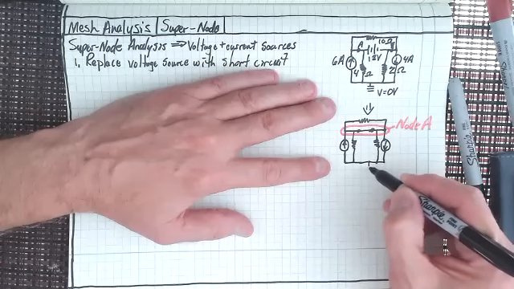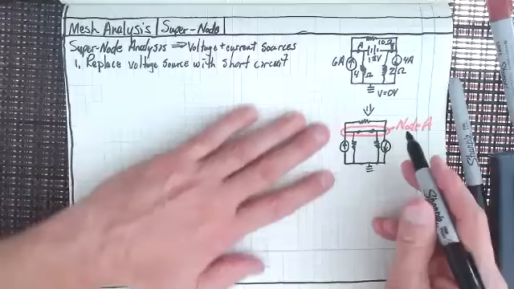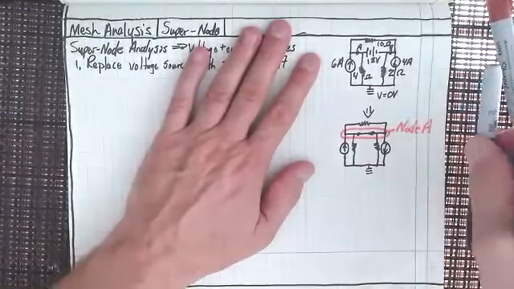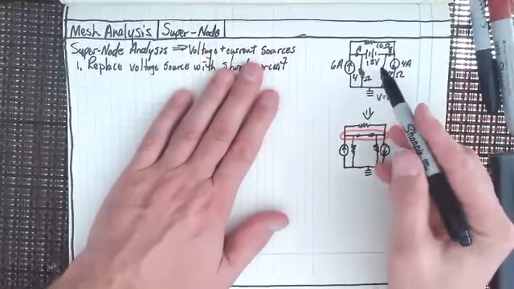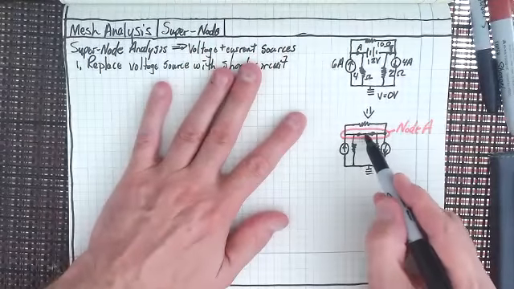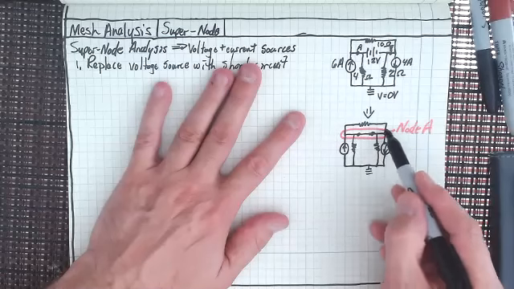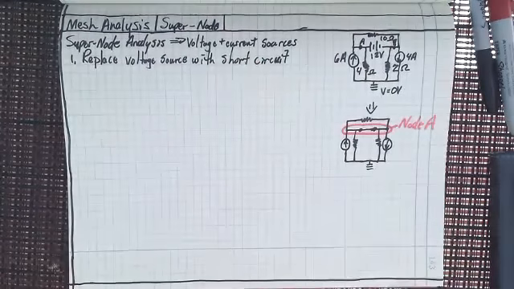And that is still, just like before, grounded. So all I've done in this transformation from the first circuit that we've got is I've replaced the voltage supply with a short circuit. What that's done is that made that a full node, doesn't it?